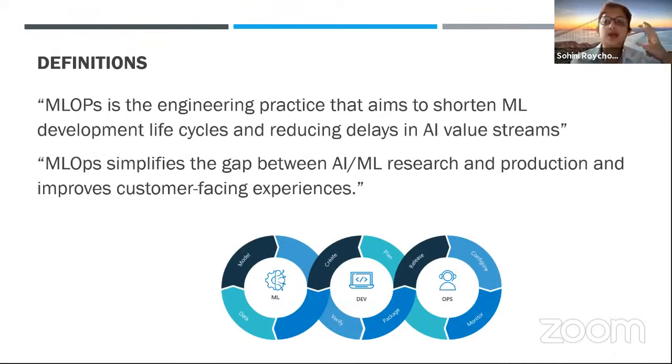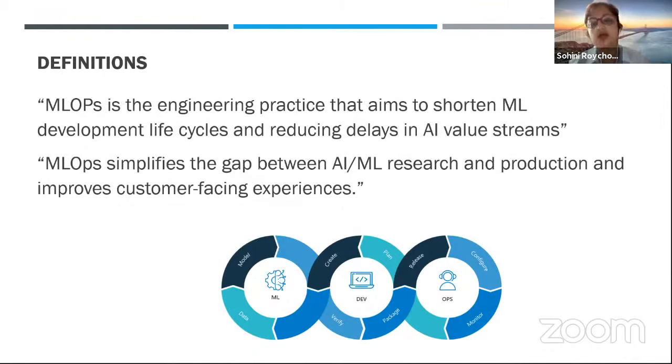It's a better knowledge and a better understanding of taking something from R&D into pre-production and then finally to production. So it reduces the delays that a customer would face in order to get access to a viable product.